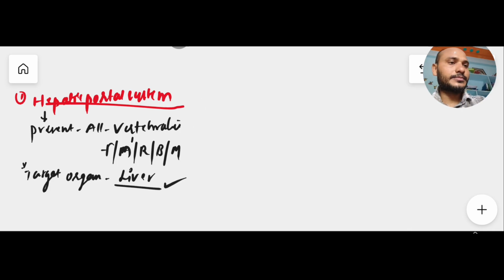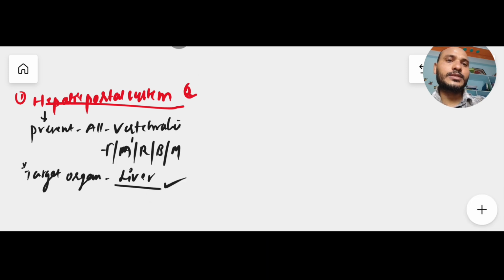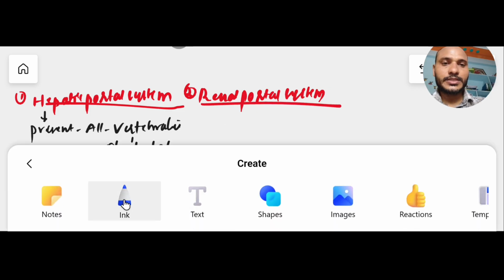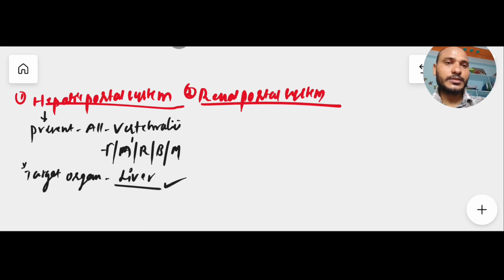Now coming to the second one, that is renal portal system. This renal portal system is well developed in two types of vertebrates.